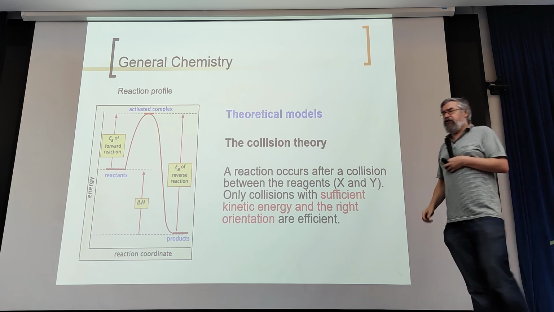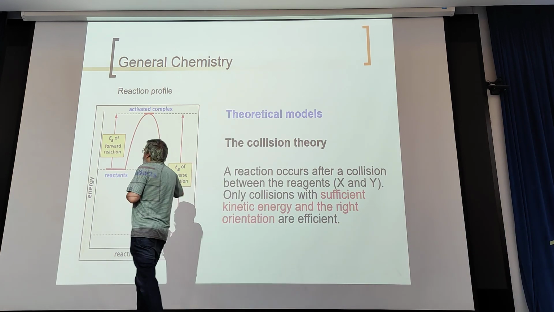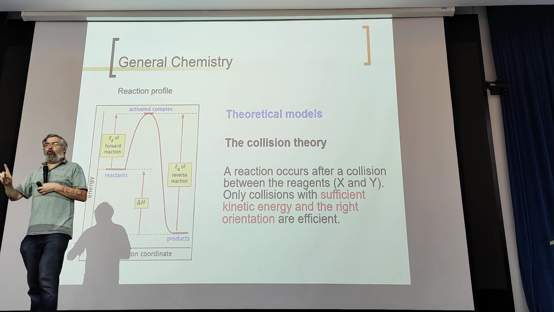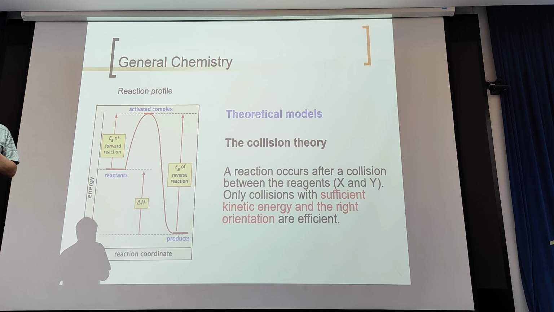They need this state to be able to react with each other. So this activated complex is always higher up on the reaction coordinate, and the difference between the reactants and this activated complex, sometimes also called the transition state, is the activation energy. So you always go up. That means activation energy is always positive. It has to be positive.